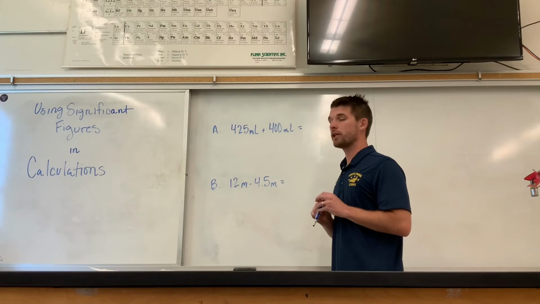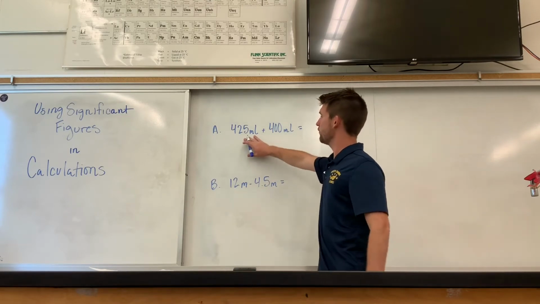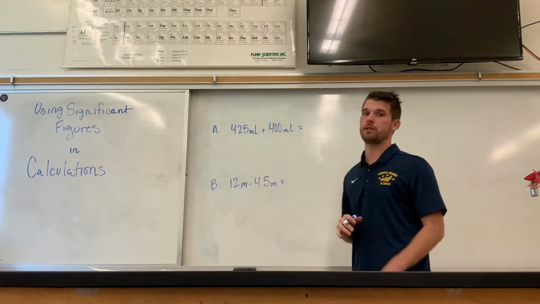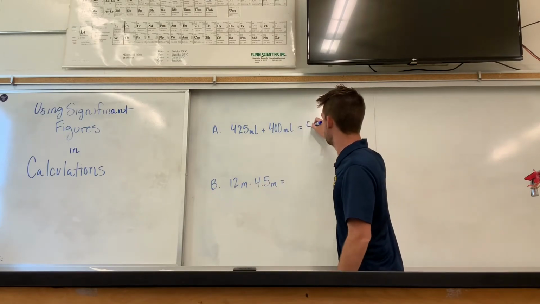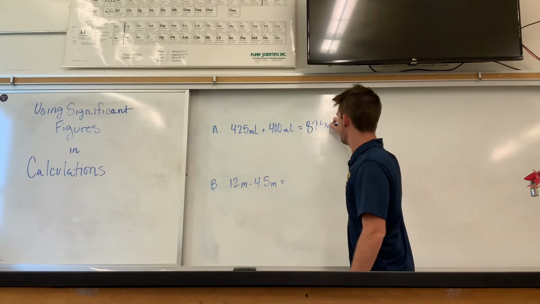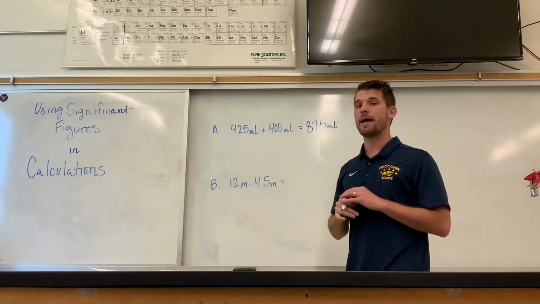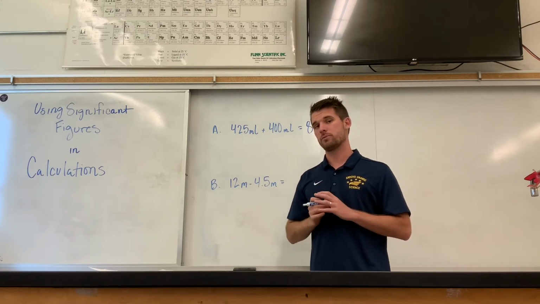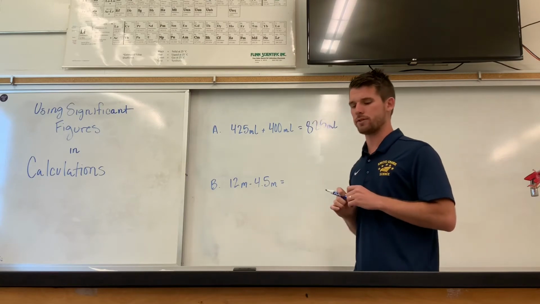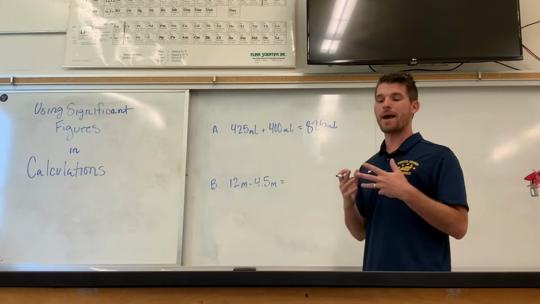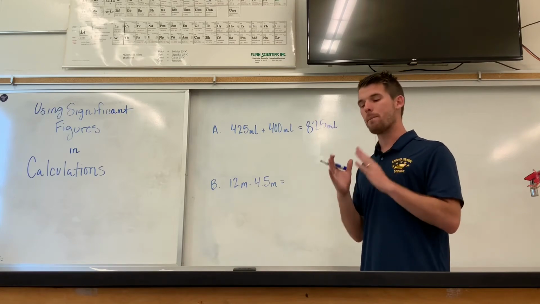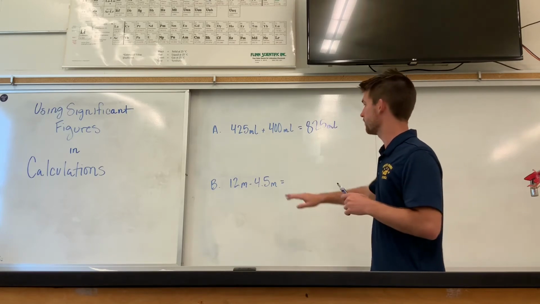We're going to look at the first one, 425 milliliters plus 400 milliliters. So we're adding two volumes together. We're going to initially get 825 milliliters. But let's look at the rule for addition and subtraction and see what we need to do with our answer. It says we need to round our answer to the digits place that matches the least precise measurement you're using in your calculation.